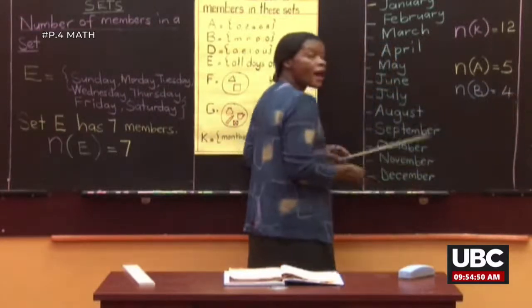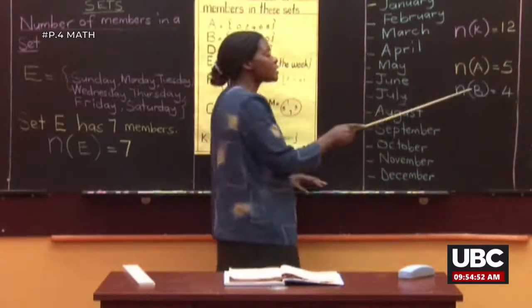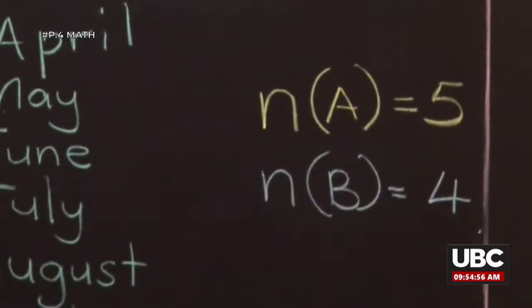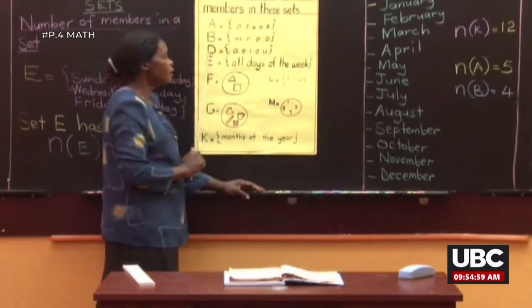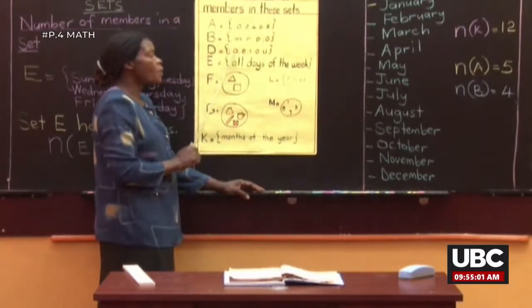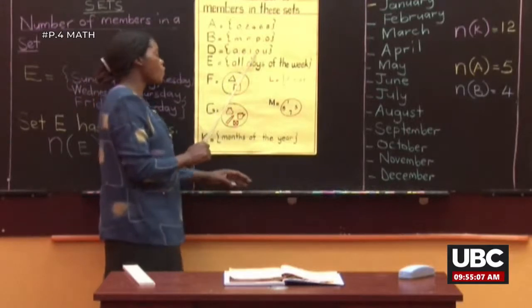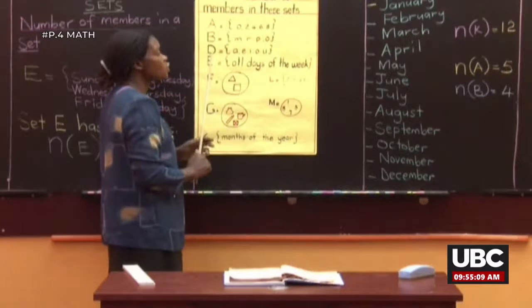Meaning that there are 4 members in set B. Next set is set D, having 1, 2, 3, 4, and 5.